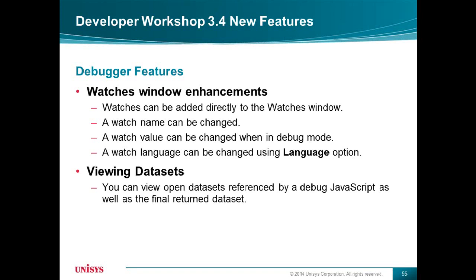So we can see the dataset that's being generated at runtime, or the dataset that we want to return to the callee again. And this will also be an enhancement to change the contents of the variable during the debug session, as we have talked about the auto window already.